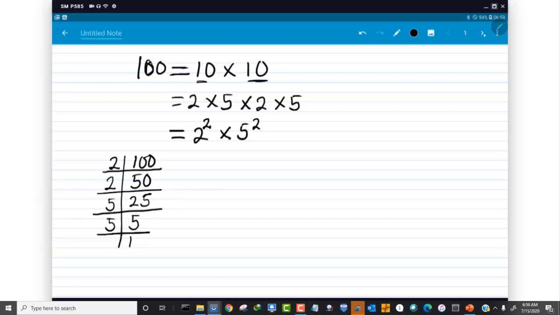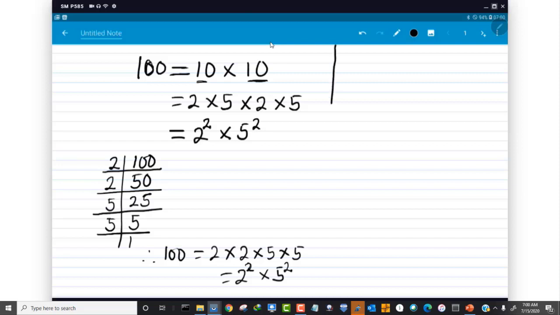Then 5 again, I have 1. So this means my 100 will be 2 times 2 times 5 times 5, and that is 2 raised to the power 2 times 5 raised to the power 2. This is how we express our numbers in prime factorization.